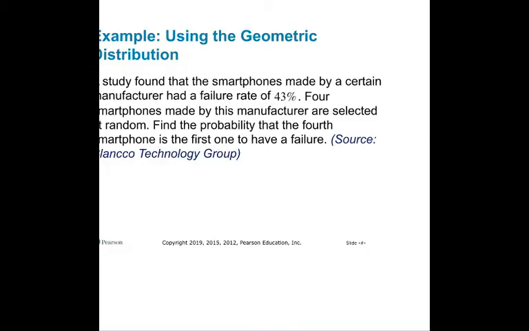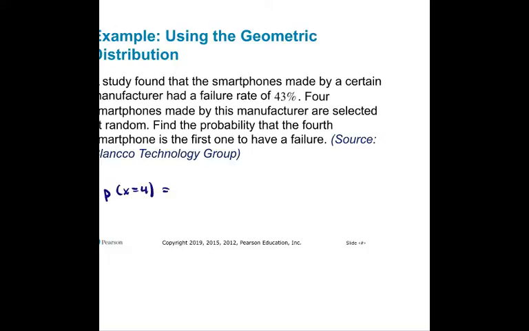Find the probability that the 4th smartphone is the first one to have a failure. Let me think about it. If we select 4 smartphones, we want the 4th one to be the failure. So we want the probability that X is equal to 4.